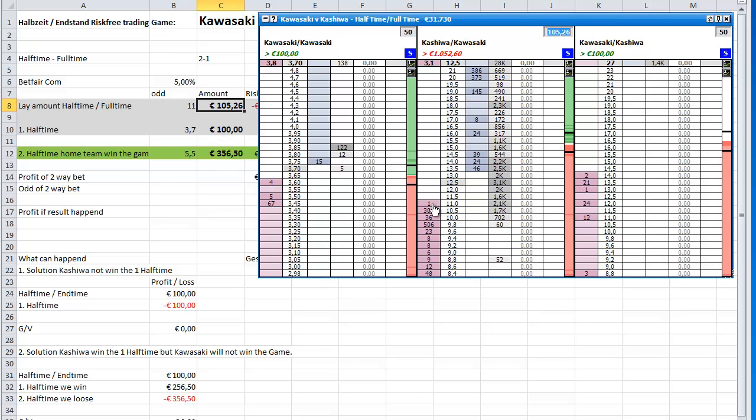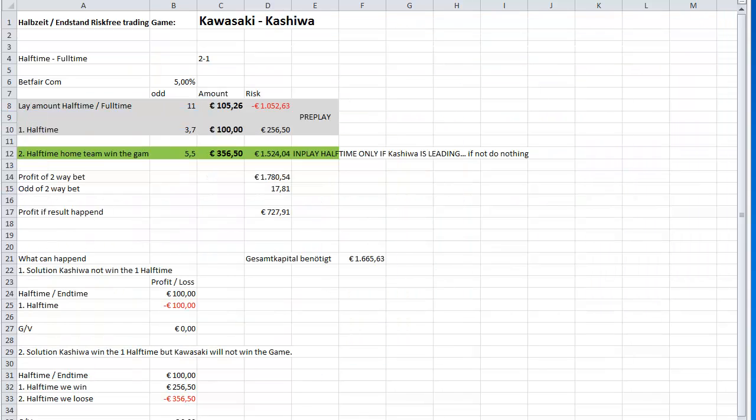So if I lay here 105.26, you see that I will win 100 euros on all other possibilities, but you get a risk of 1052.60. So I will place this bet now, and you can see here this is the amount which risk we have to pay if at halftime it's 2 and the end result is 1.